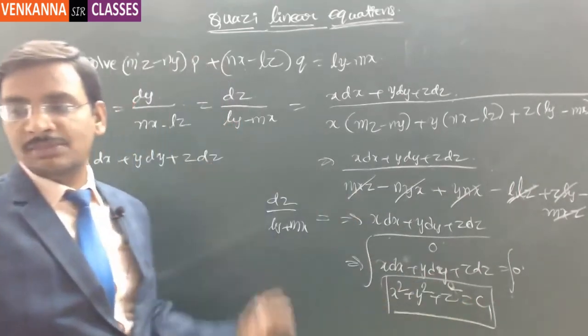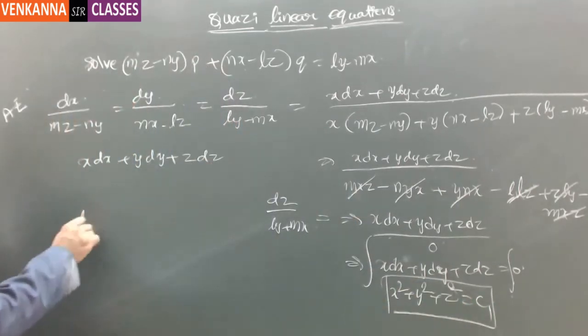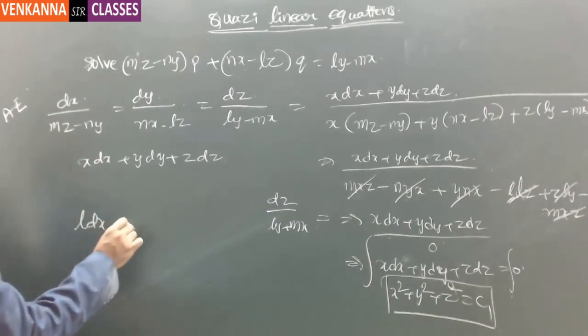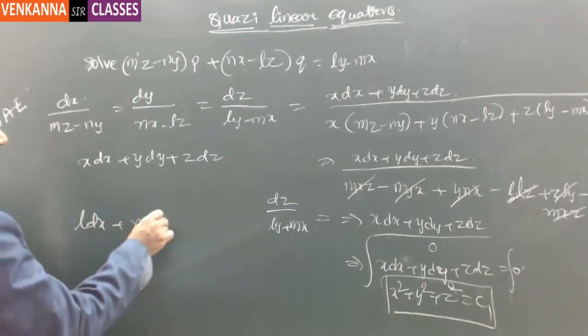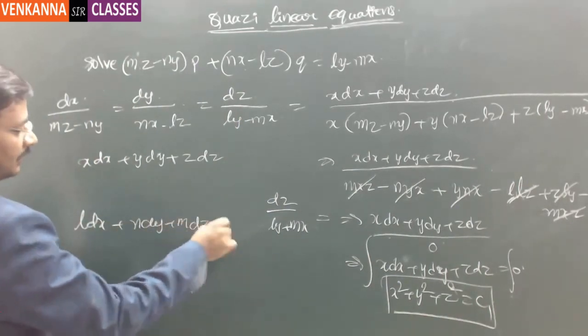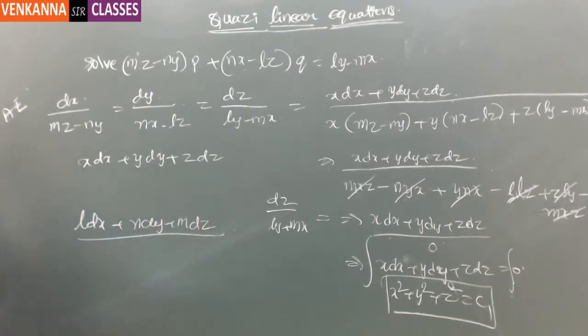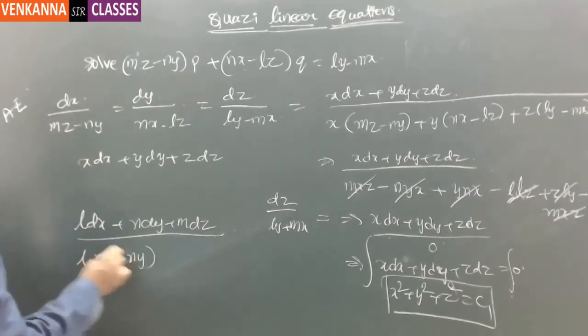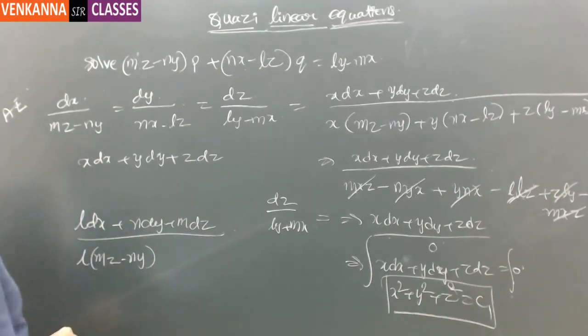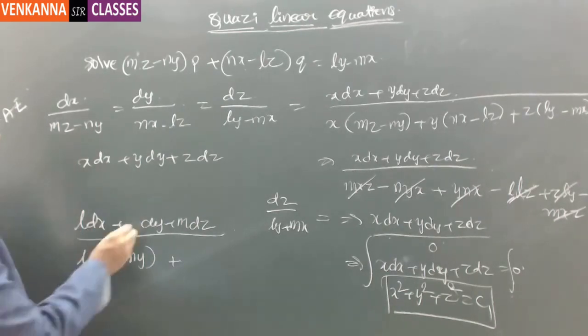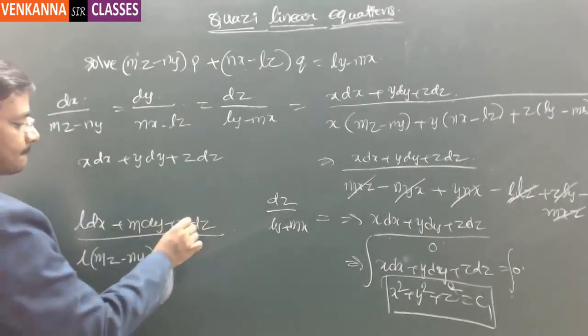Now exactly in a similar manner, if you solve for one more, that is L dx plus m dy plus n dz. So now take this ratio, then this is going to be L dx. So L times of mz minus ny, plus, make it this m and this is n.